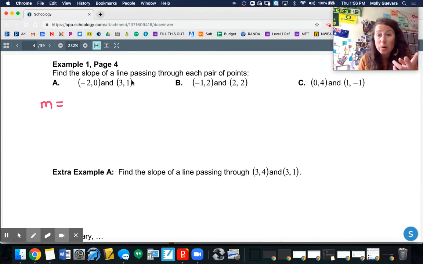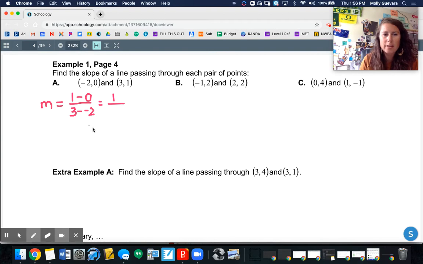My second y is 1, so 1 minus my first y, y1, which is 0, over x2, which is 3, minus, it's always minus, x1, which is negative 2. So I get that double negative there. 1 minus 0 is 1, and because of this double negative, it changes to a plus. So I get 1 over 5, and there's my slope.